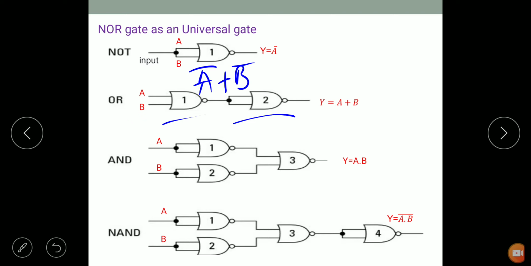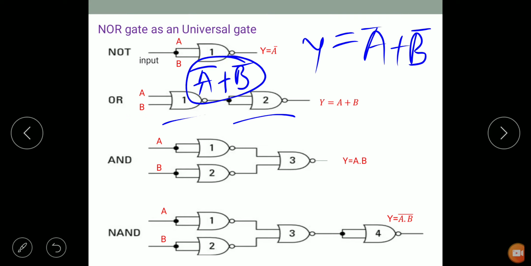If we pass that through the second NOR gate, then we get Y is equal to A plus B whole bar, whole bar. If we simplify that, we get A plus B.